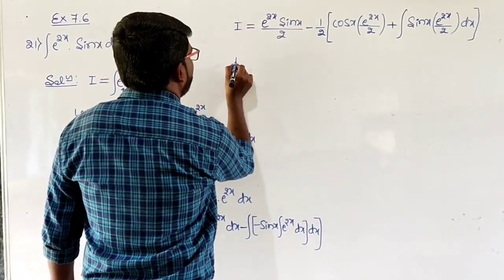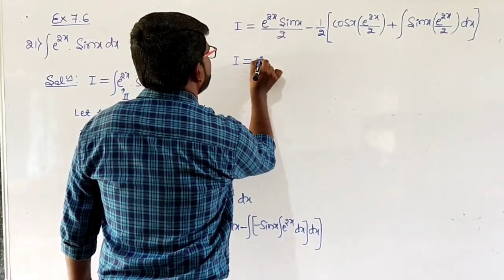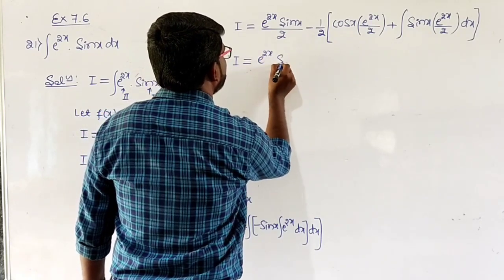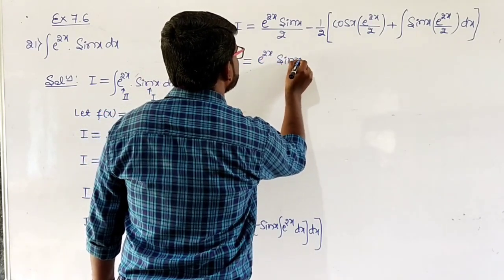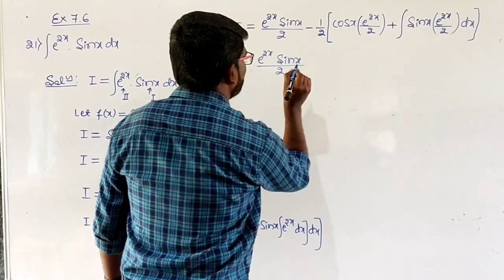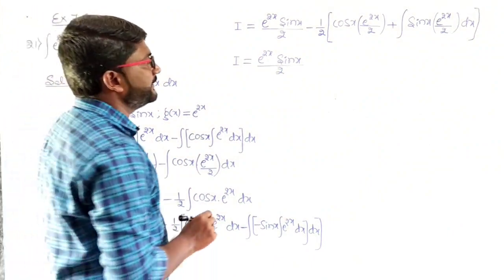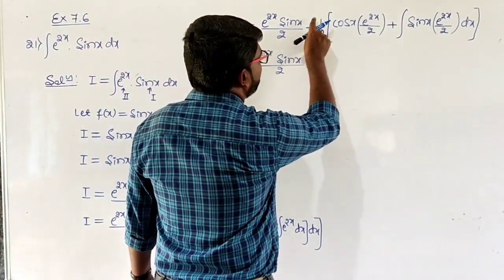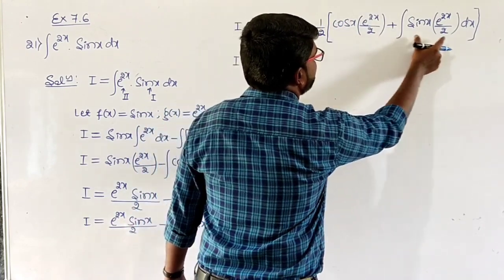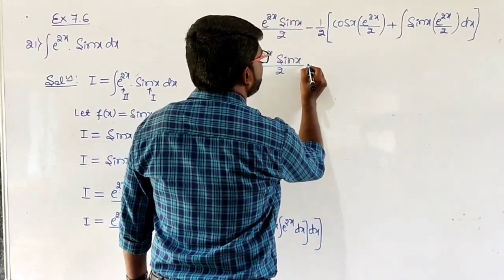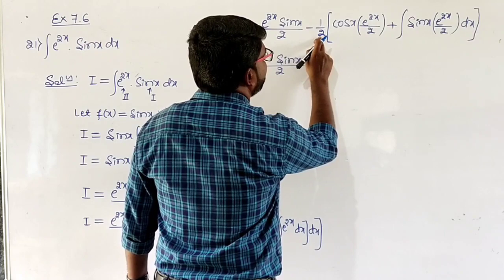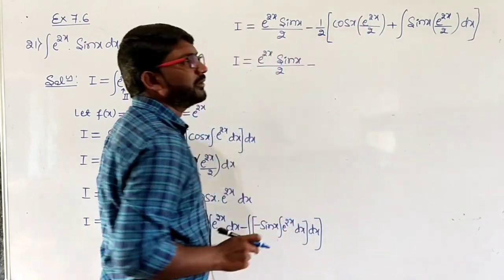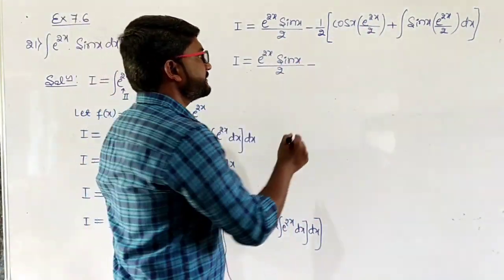So now I equals e power 2x into sin x divided by 2. Now I am going to multiply minus 1 by 2 with the first term as well as the second term. So here we get minus 1 by 2, and here also we have 1 by 2, so 2 into 2 becomes 4.